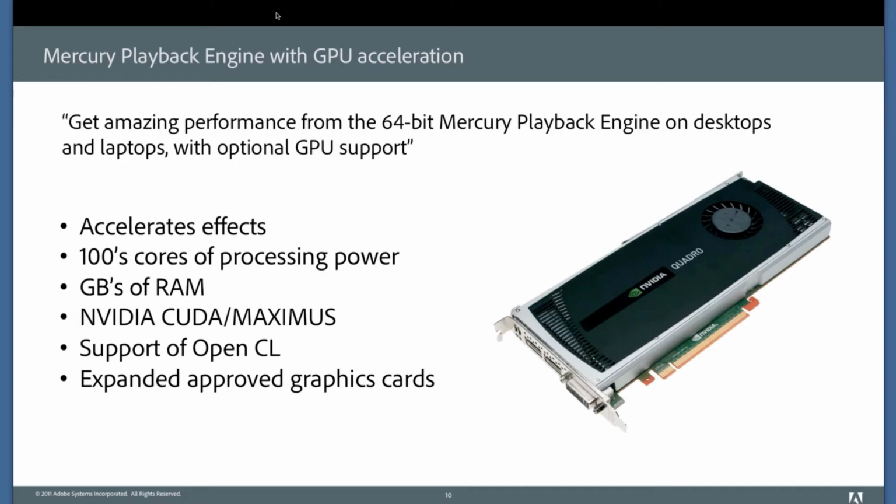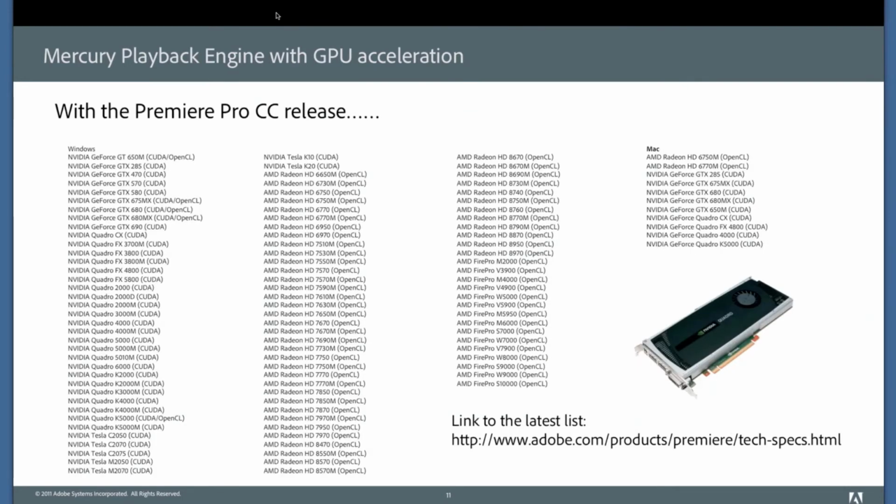But as you can see, and I didn't really make this chart for you to read every one of these, I just want to show you that with the Premiere Pro CC release, the card selection really has expanded, and it's giving you more power, more flexibility, more return on your investment. And my government customers love this. They don't get to purchase new hardware all the time.